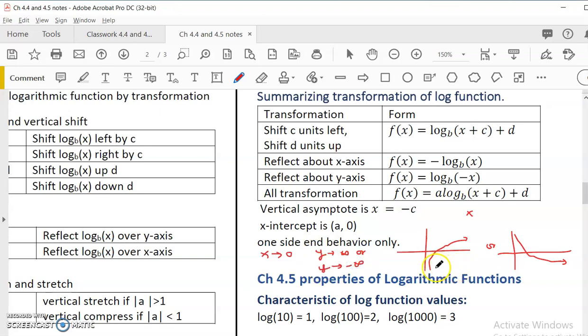In this case, y approaches negative infinity, and this approaches 0. But this is not the end behavior. The end behavior is when x approaches infinity. In this case, y would approach infinity, and in this case, y would approach negative infinity on this side only.